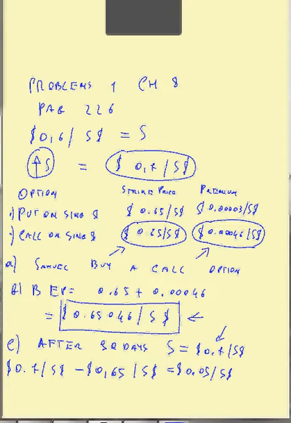So the net profit is equal to 0.05 minus the premium, which is 0.00046, which is equal to 0.04954 USA dollars for each Singapore dollar.